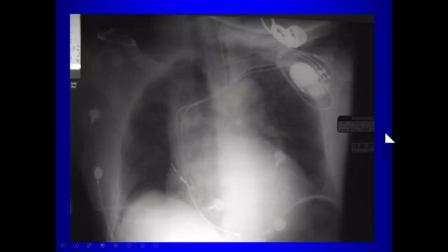All right, for this chest radiograph, what is the most important abnormality on this chest radiograph? Like cardiac tamponade. You can diagnose that from a chest x-ray? I am impressed.